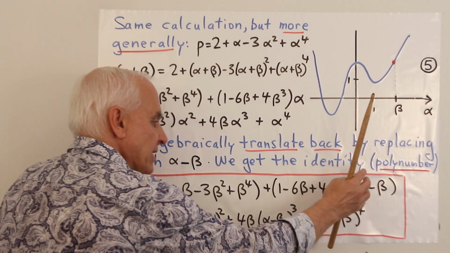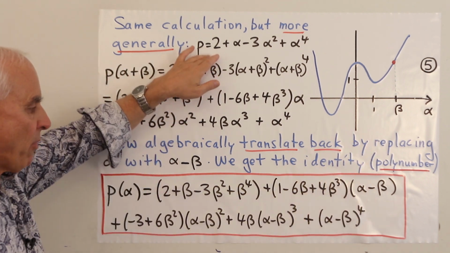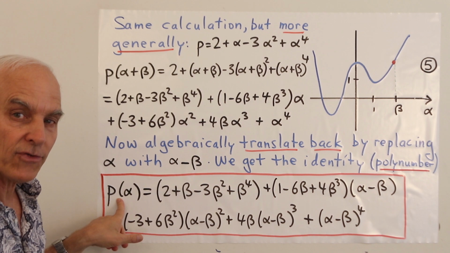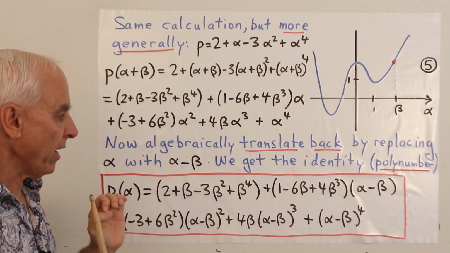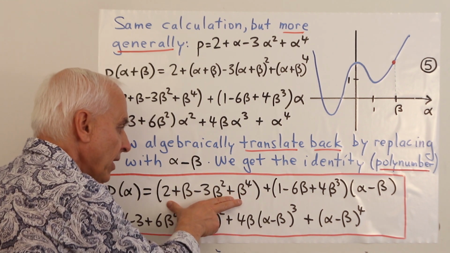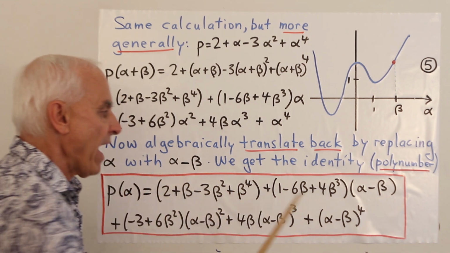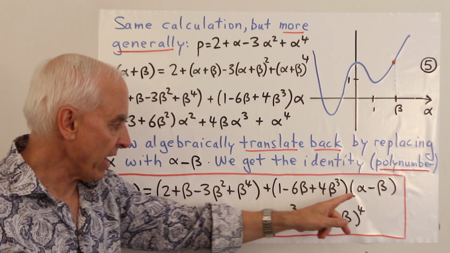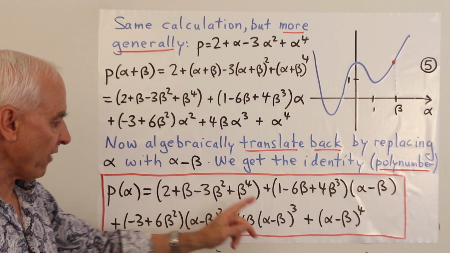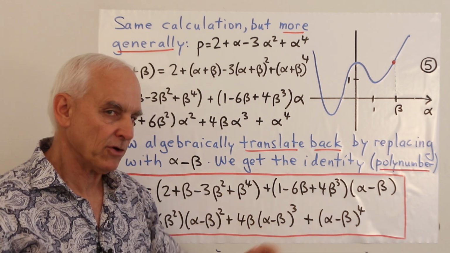This is an identical expression to the original polynumber, but that's what the left-hand side is telling us. But now we've rewritten it in such a way that it's expressed in terms of powers of alpha minus beta. Alpha minus beta to the 0, alpha minus beta to the 1, alpha minus beta squared, alpha minus beta cubed, alpha minus beta to the 4th.